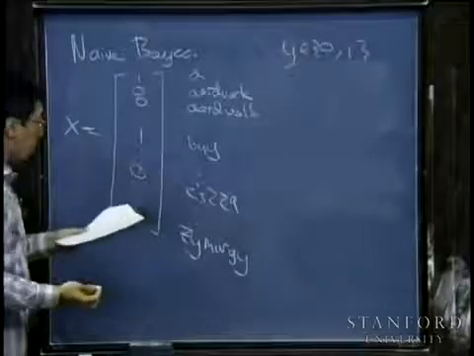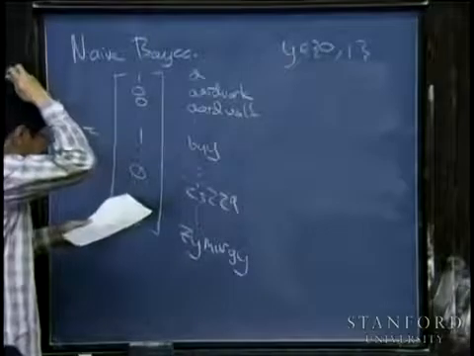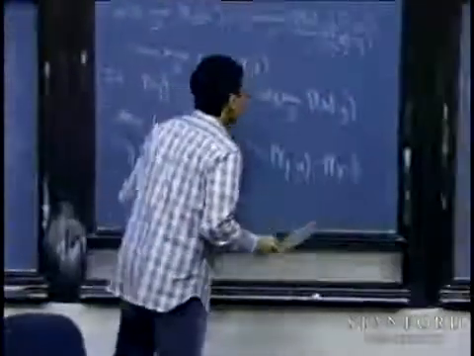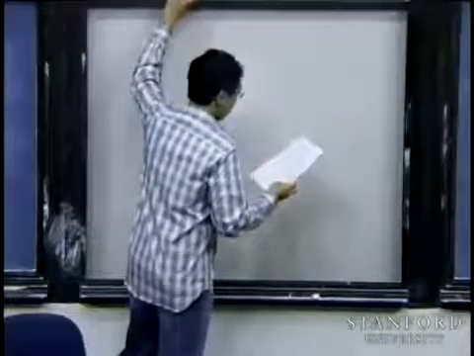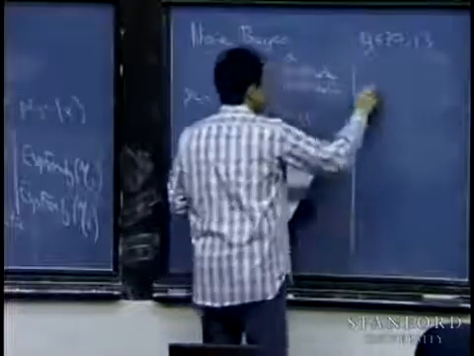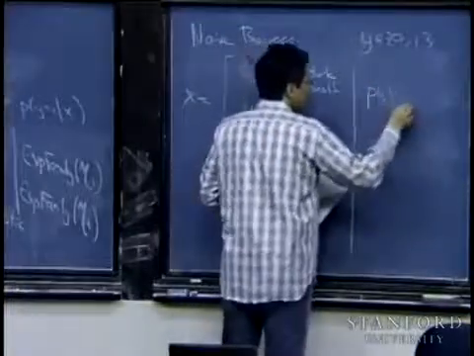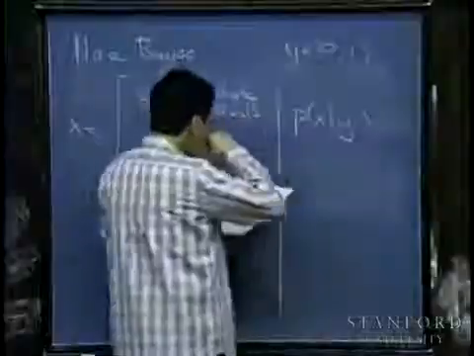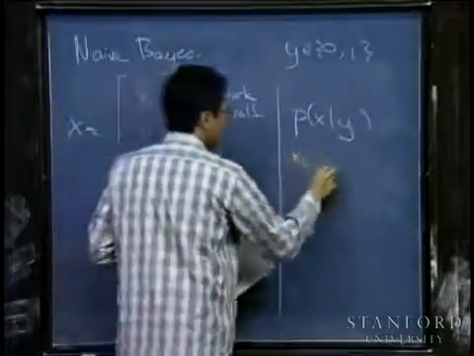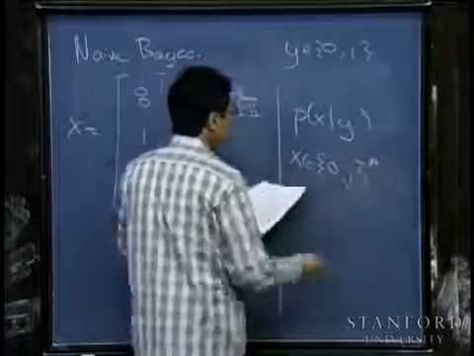Now, let's build a generative model for this. In other words, I want to model P of x given y equals 0, y equals 1, right? And my feature vectors are going to be in {0,1}^n.